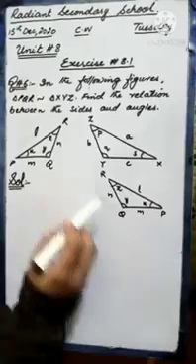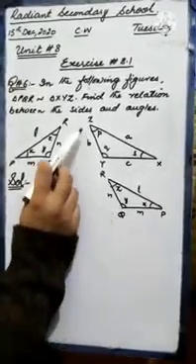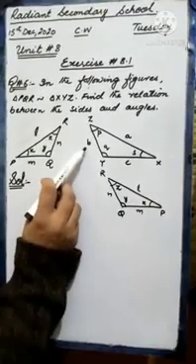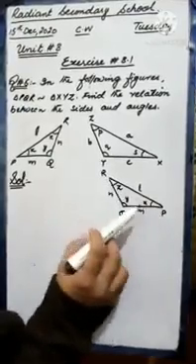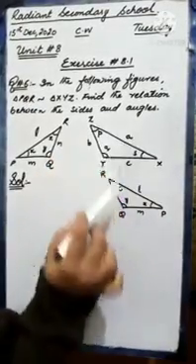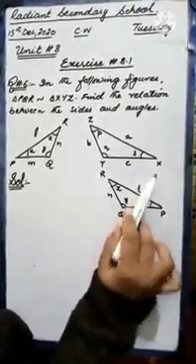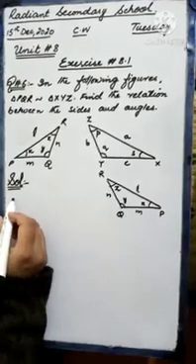What will be the relation between the sides? As you know, QR is corresponding to ZY, so the relation will be N ratio B. RP is corresponding to ZX, so the relation will be L ratio A, and QP is corresponding to YX, so the relation will be M ratio C. Now how will you write?